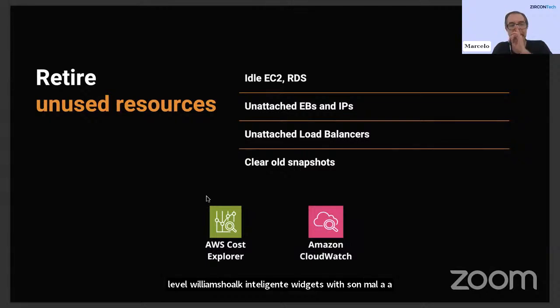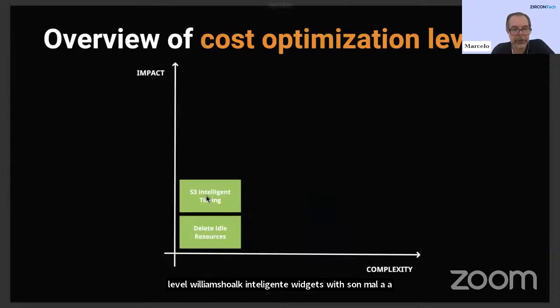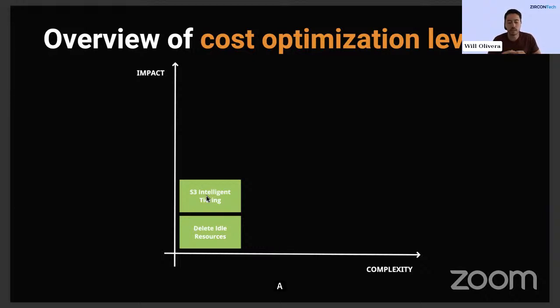Sorry, going back to this intelligent tiering that you mentioned, are there any drawbacks or considerations that you should be aware of when you enable it? Yeah, indeed, we will get into this topic, but the idea is that we can make use of this feature when we have large objects.